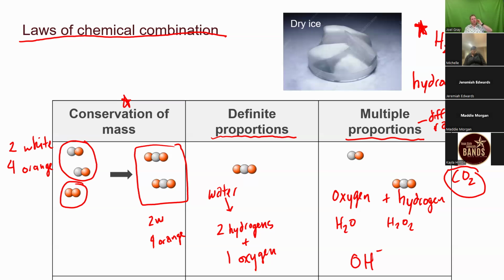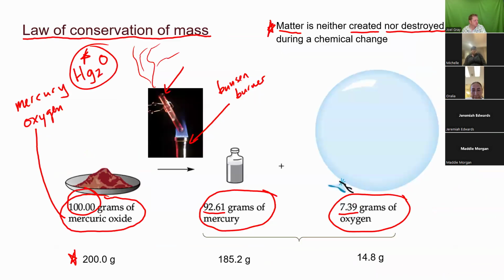So we have all these laws that define different substances. There's the law of conservation of mass. So your input and your output, the total mass is never going to change. Now, when we look back at this right here, and we look at the solid mercuric oxide, that's going to occupy a different space than, say, the mercury alone.